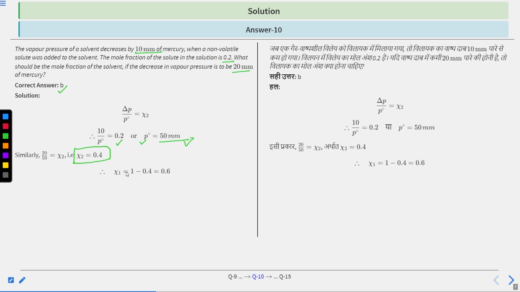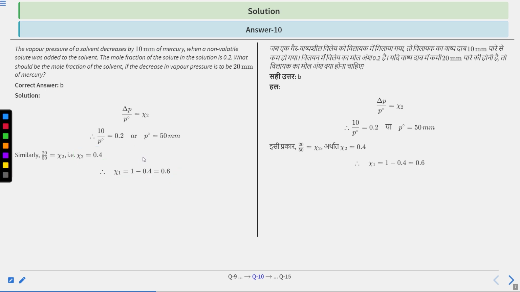So the mole fraction of solvent will be 1 minus the mole fraction of solute, 0.4. So 1 minus 0.4 is 0.6. So the mole fraction of solvent is coming out as 0.6, and hence option B is the correct answer.